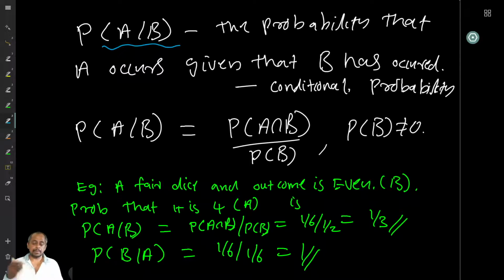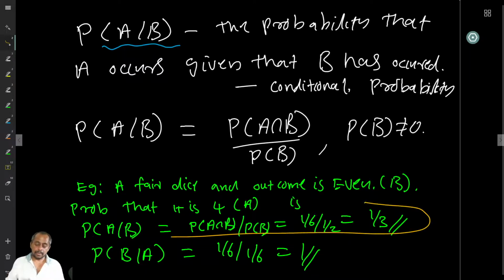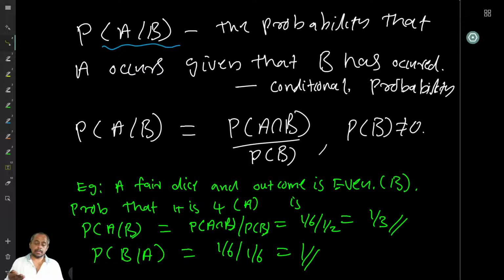And what is probability of B? B is that the outcome is an even number, so it is 1/2. So 1/6 by 1/2, which is 1/3. So here we get that probability of A given B is 1/3, right? And probability of B given A, on the other hand, is different.